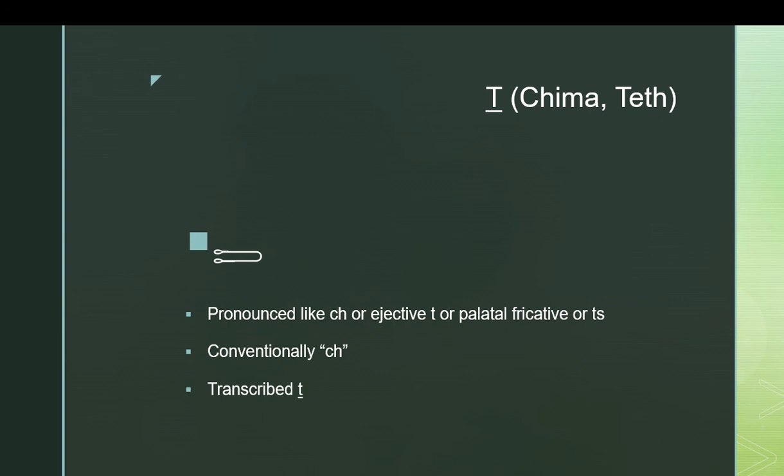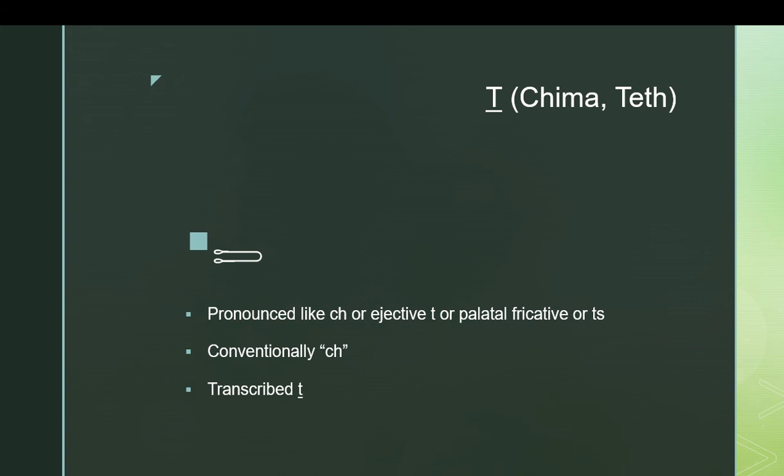It was pronounced like a CH sound in English, or an ejective T, or a palatal fricative, or stop, or TS. Actually, I believe it should be palatal stop and not palatal fricative there. In other words, we don't know. We have almost no idea what sound this was. There's a ton of debate about it.